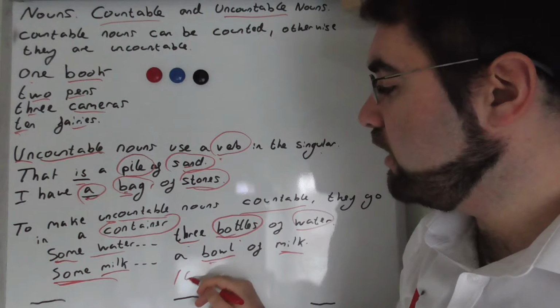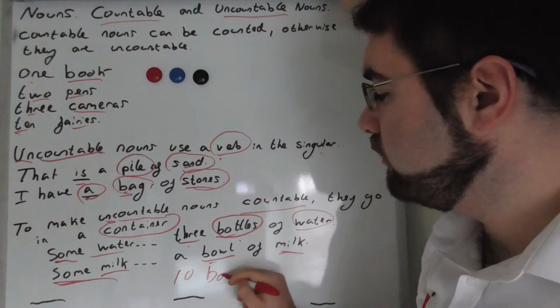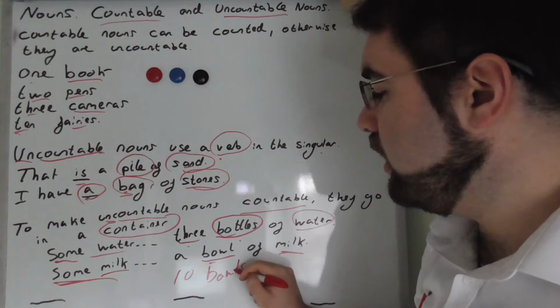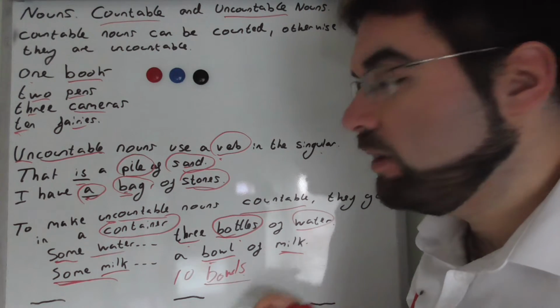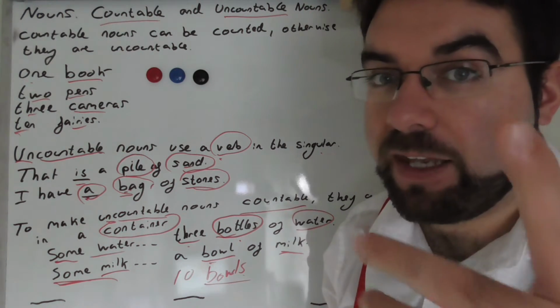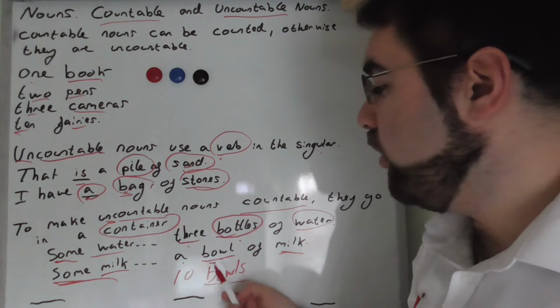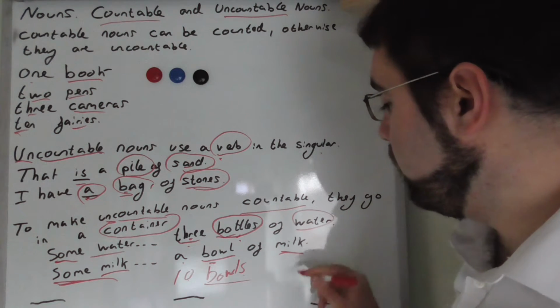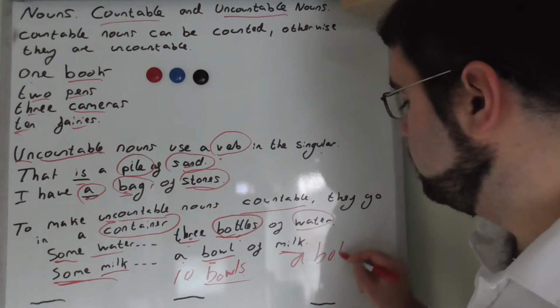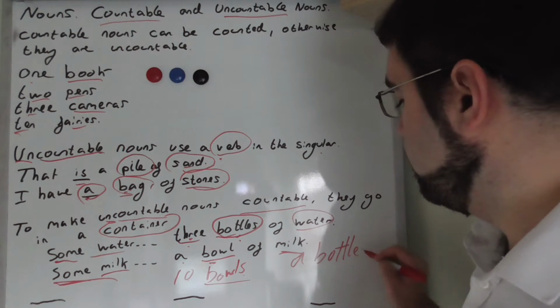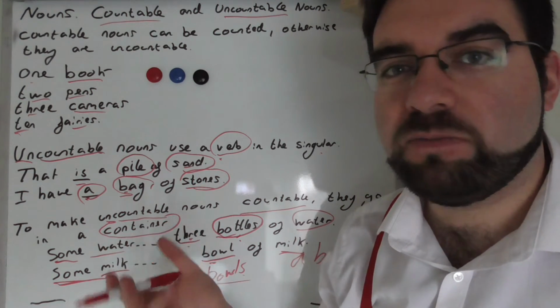How about 10 bowls? 10 bowls of water. Now we're making more sense. A bowl, 10 bowls. 3 bottles, a bottle. A bottle of water. Very good.